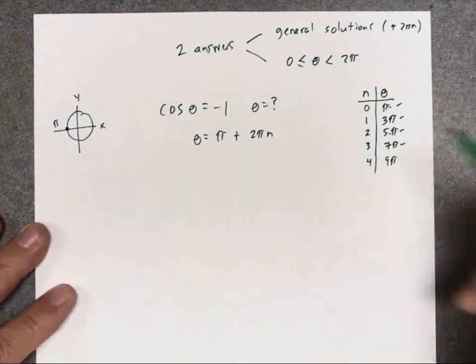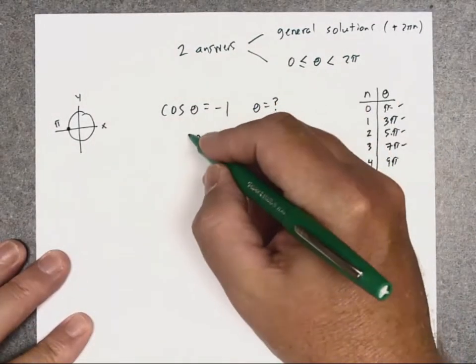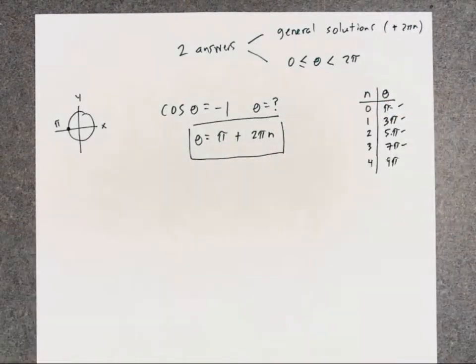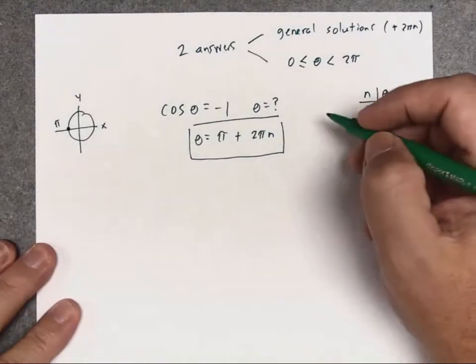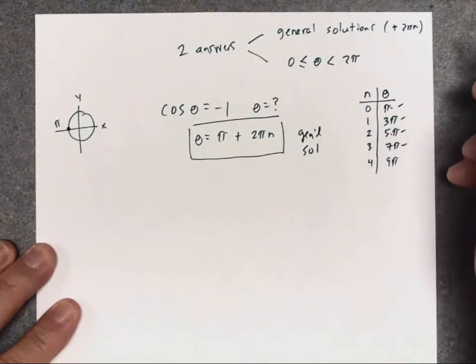So the solution to this equation is theta equals pi plus 2 pi times n. So this is what I call the general solution.